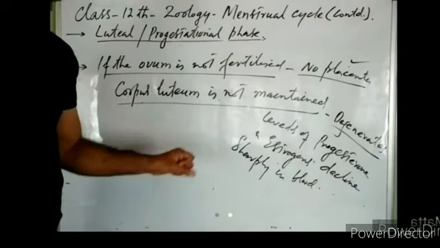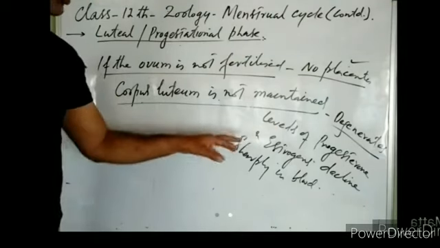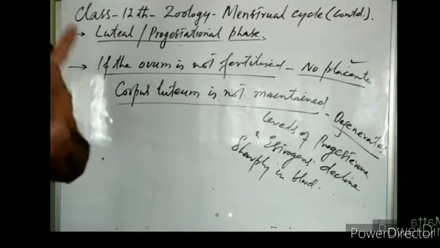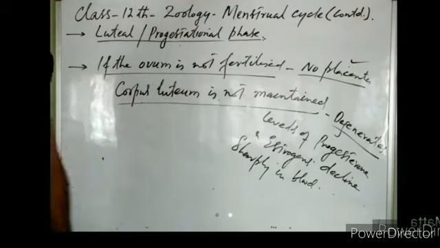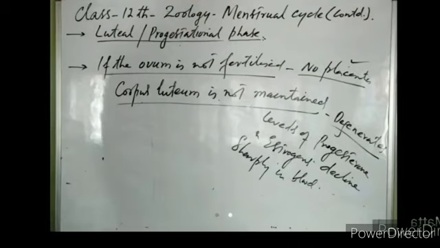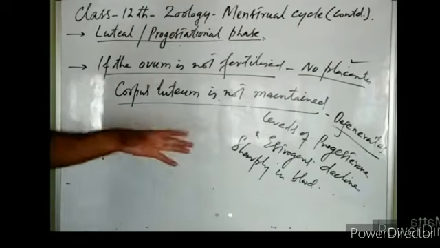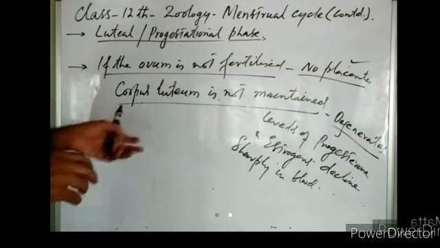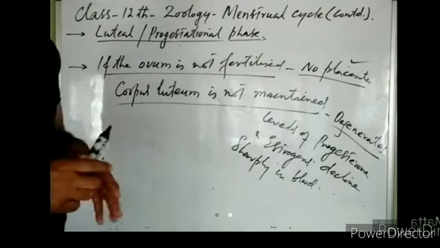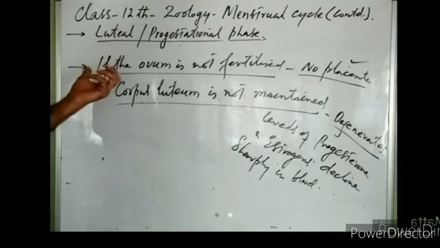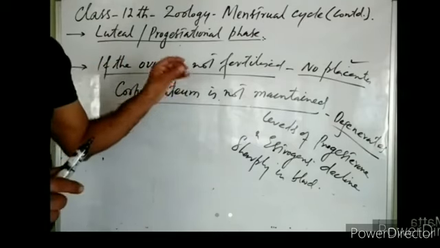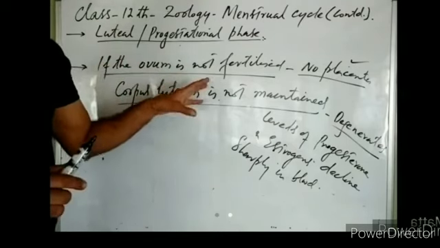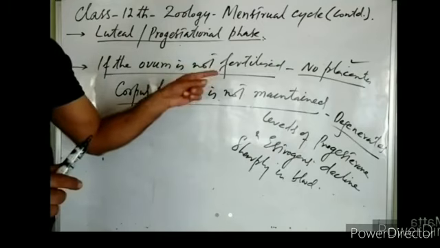They get low. So because of these low levels of progesterone and estrogen in blood, now uterine endometrium is not maintained. And that uterine endometrium starts breakdown. Do you now understand why uterine endometrium starts breakdown? So when ovum is not fertilized, there is no zygote, there is no morula, there is no blastula, there is no blastocyst, there is no implantation.